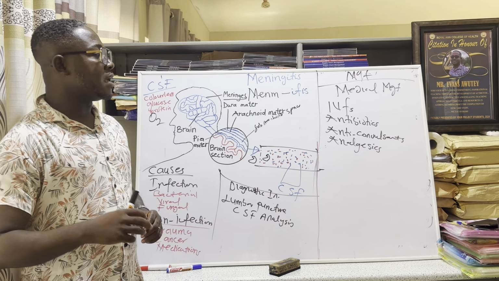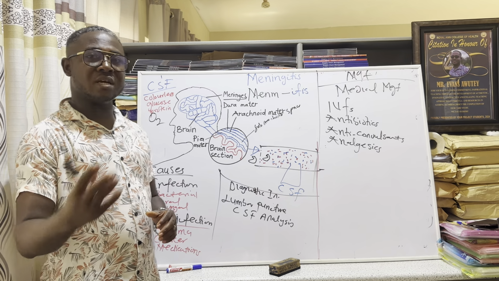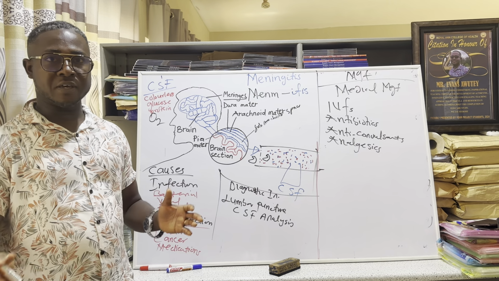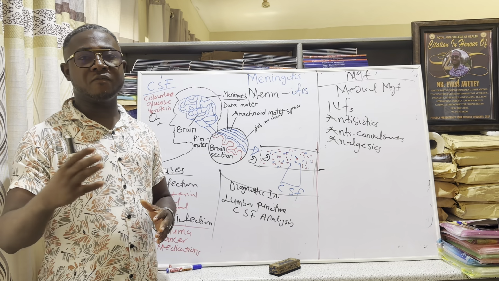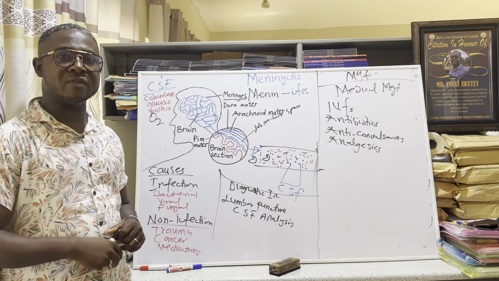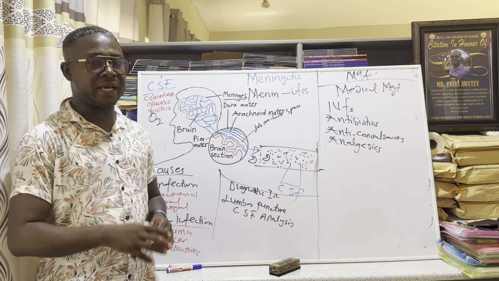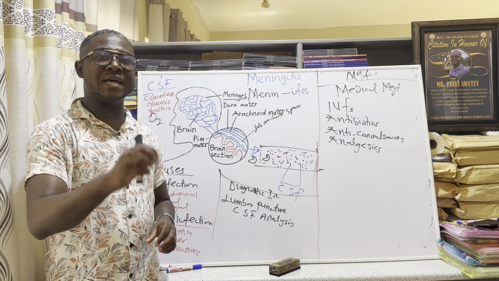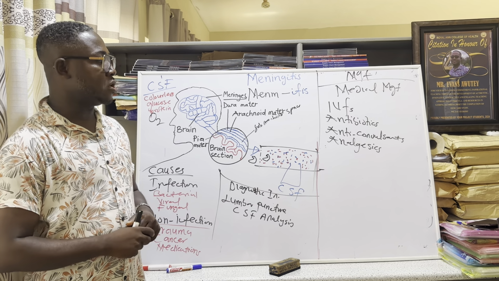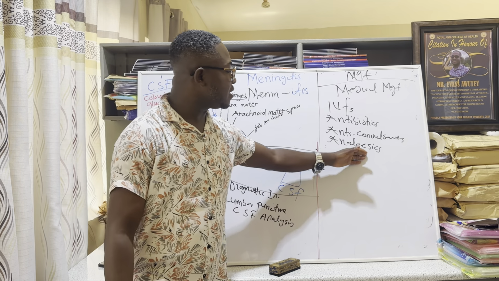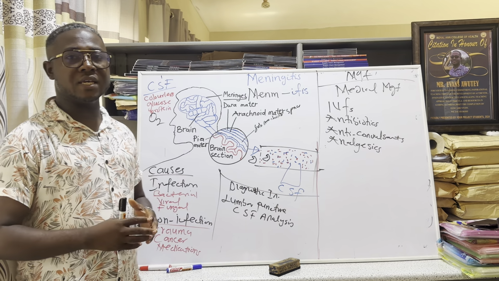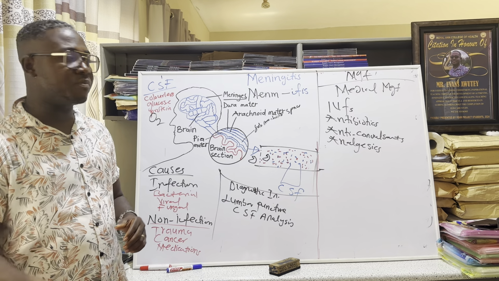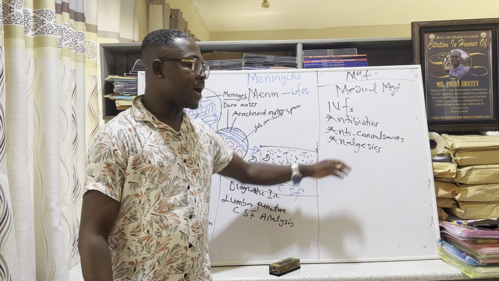Now, in adults or in older children, diazepam can be given, but for neonates, it is always preferred that we give them phenobarbital because of the respiratory effects that diazepam can have on the neonates. And then we can also give analgesic. Remember, we said one of the clinical manifestations is headache, and so if there's any pain, then we give also analgesic.